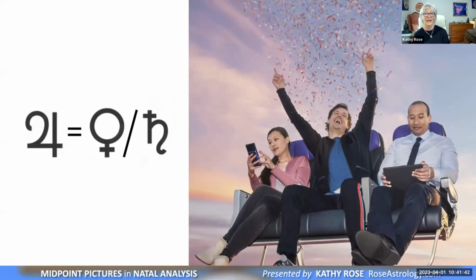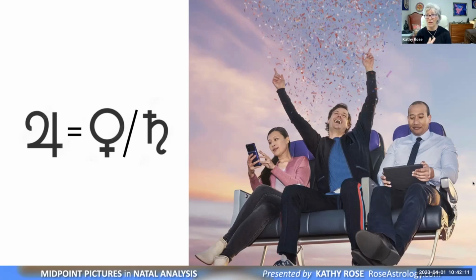All right. Now, let's have some fun. Once you start working with midpoint pictures and blending planets together, you might do what I do, which is to create pictures in your head, or you go through life and see things happen and convert it to a midpoint picture. I do that all the time. So I thought, how could I depict that in life?